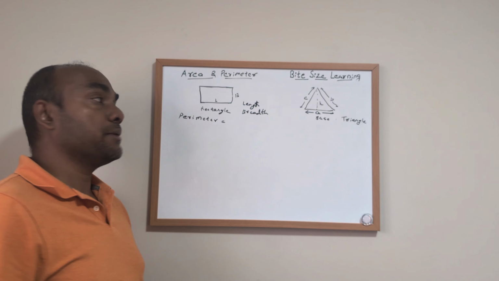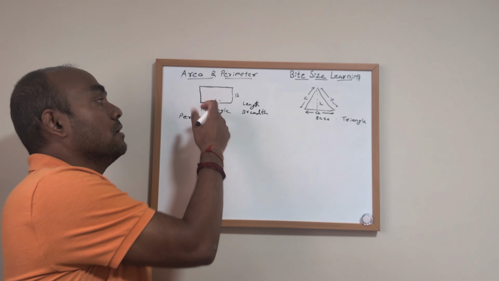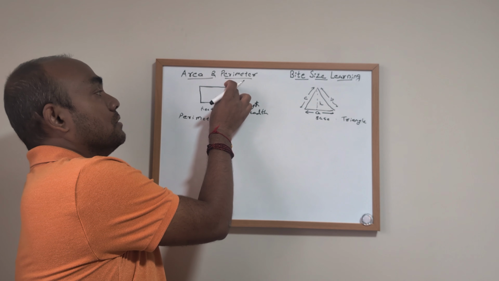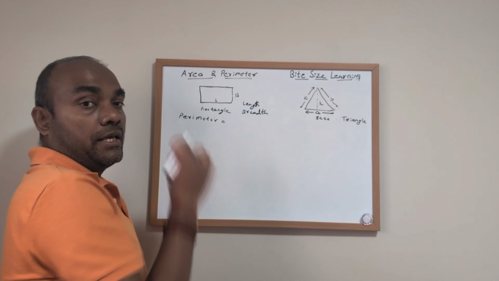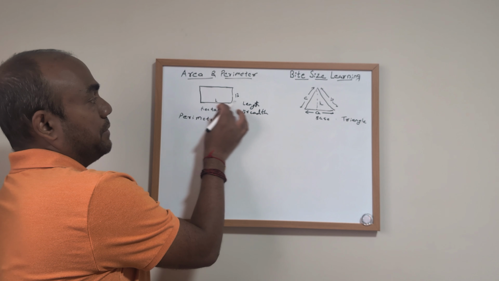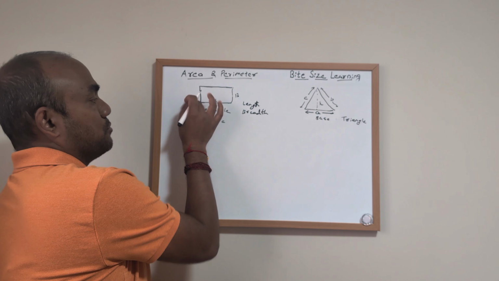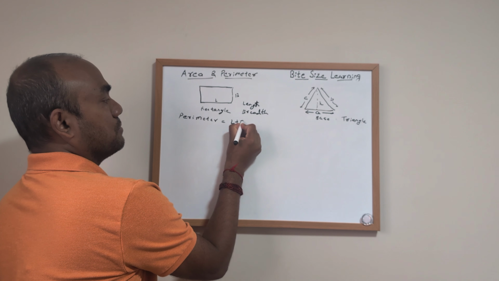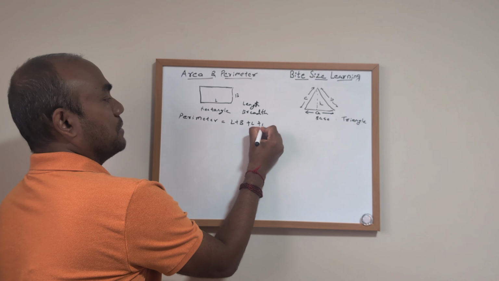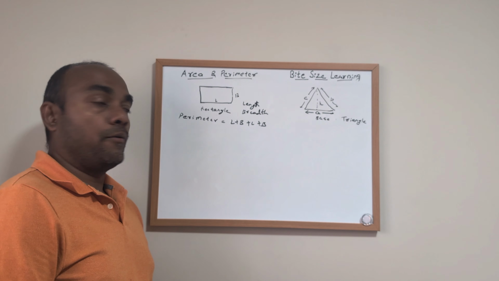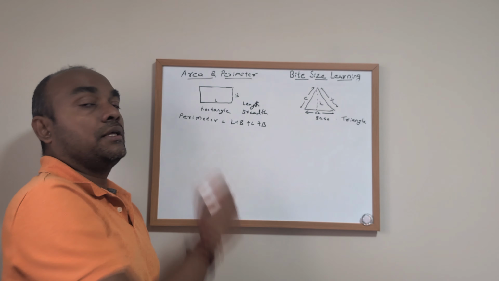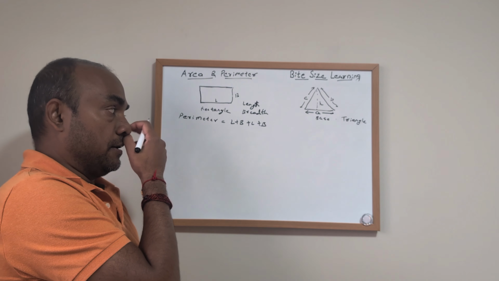A perimeter is the outer boundary of any shape. So the perimeter of a rectangle will be length plus breadth plus length plus breadth, right? This will be the perimeter of the rectangle.